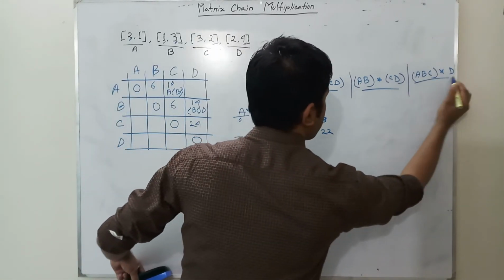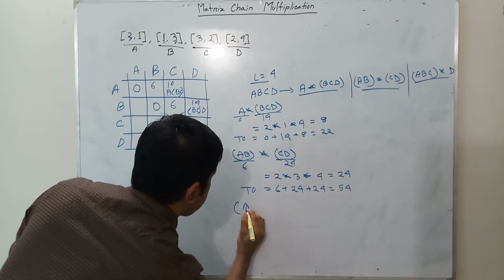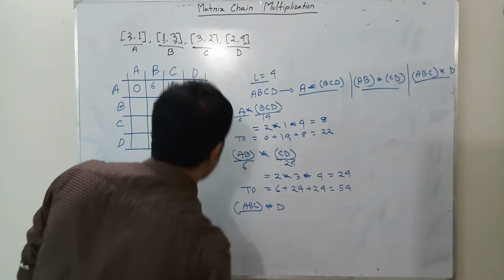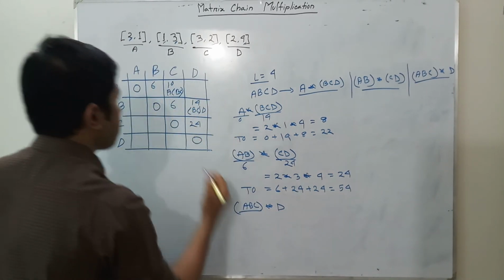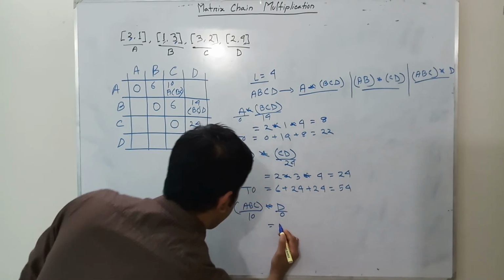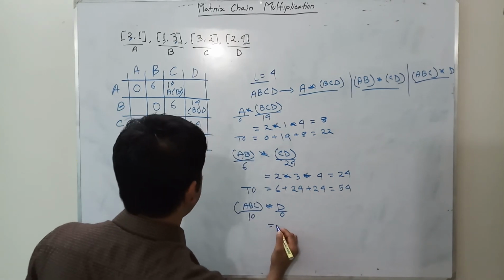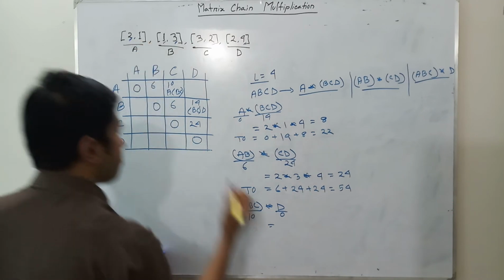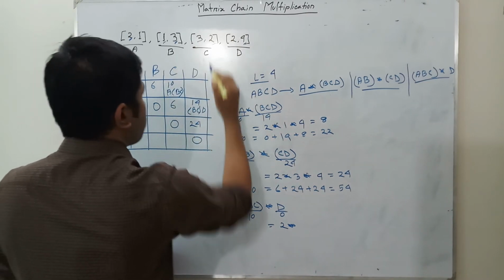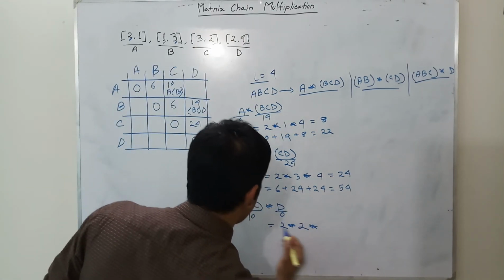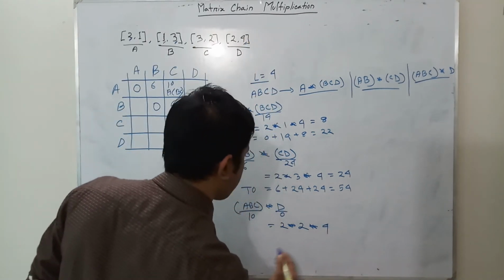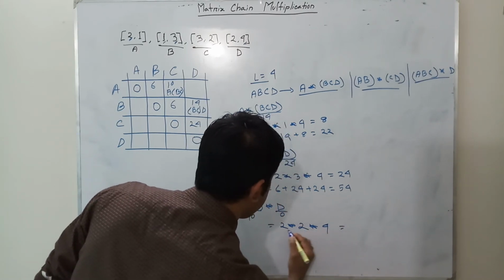Now we will see how many operations we need in this way, if we first multiply ABC and later with D. We know for ABC the value is 10 and for D the value is 0, and the total number of operations to multiply we need here for ABC the number of rows is 2 into number of columns of ABC is 2 into number of columns of second matrix is 4, equals 16.